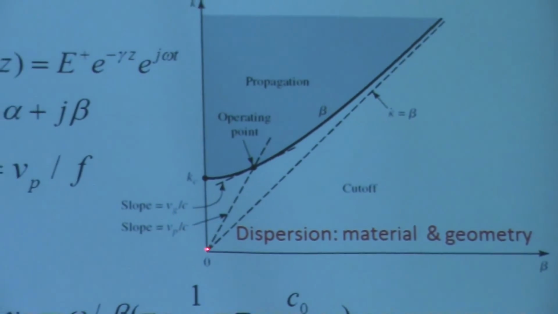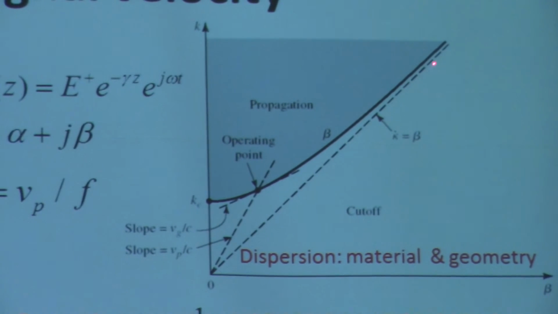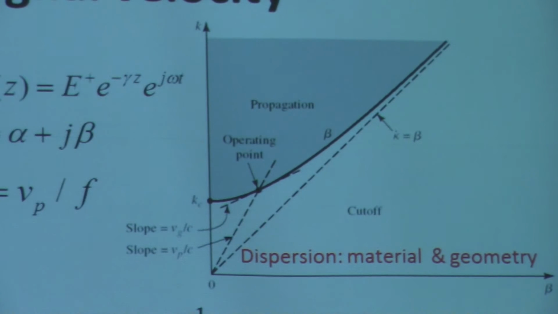What happens is when you have a transmission line, you have a metal wire there, then these two are not identical. When they are identical, you actually have a straight line which goes like this, so there you have the same slope. Mm-hmm. That's good.